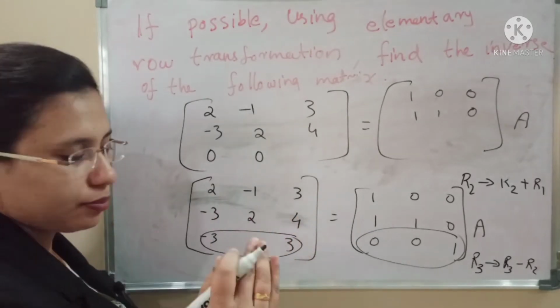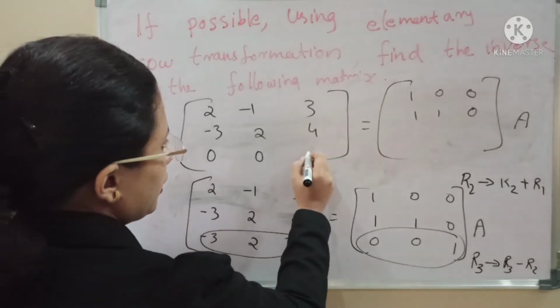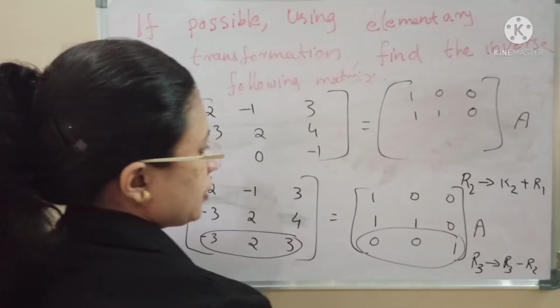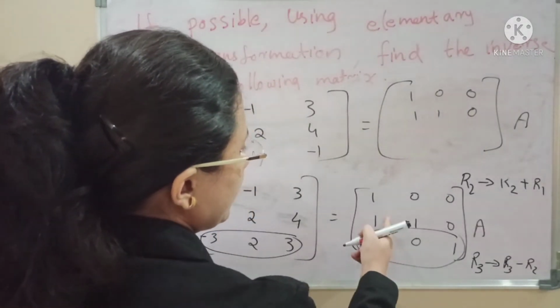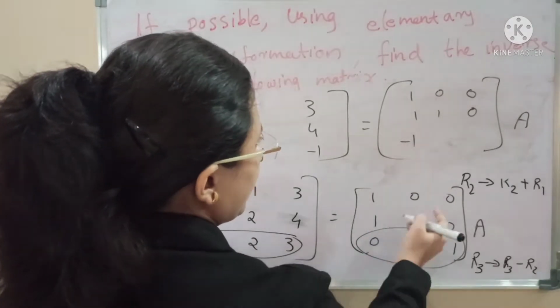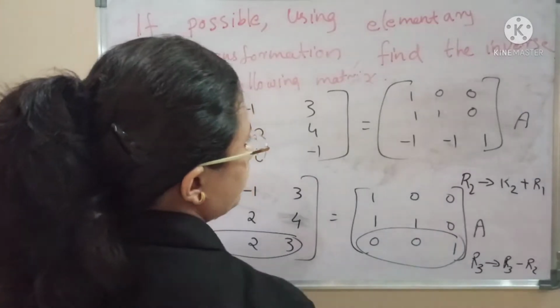The order is important, R3 minus R2, so 3 minus 4, that is minus 1. Here 0 minus 1, minus 1, 0 minus 1, minus 1, 1 minus 0, 1.